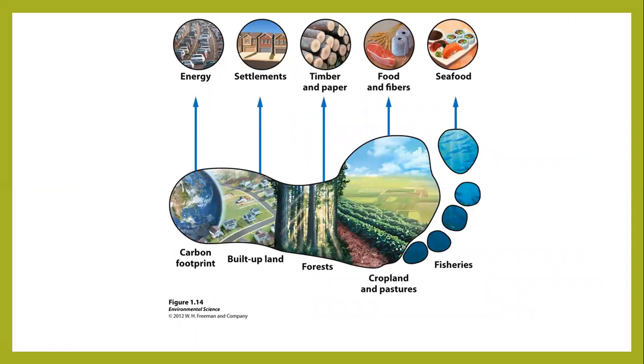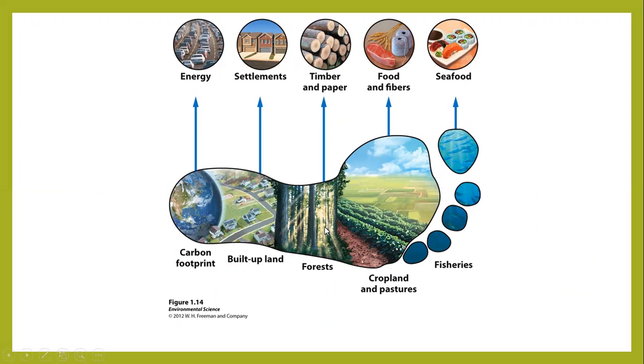So here's a picture of that. Ecological footprint takes into account carbon footprint or your energy, what kind of land resources you need, how much of the land needs to be changed and developed into settlements. That would be roads and houses and businesses, parking lots for you to be able to live your lifestyle.